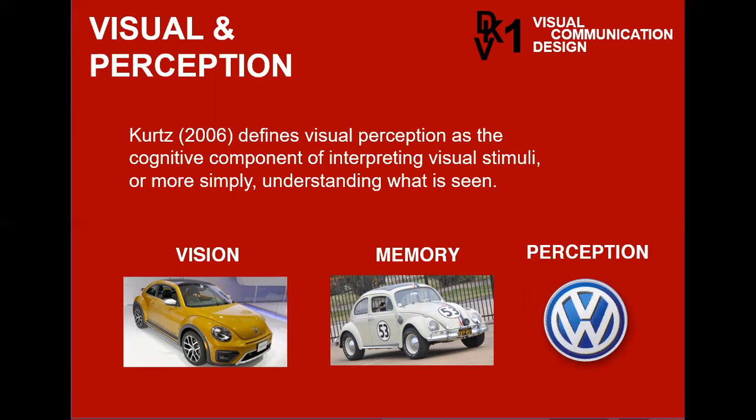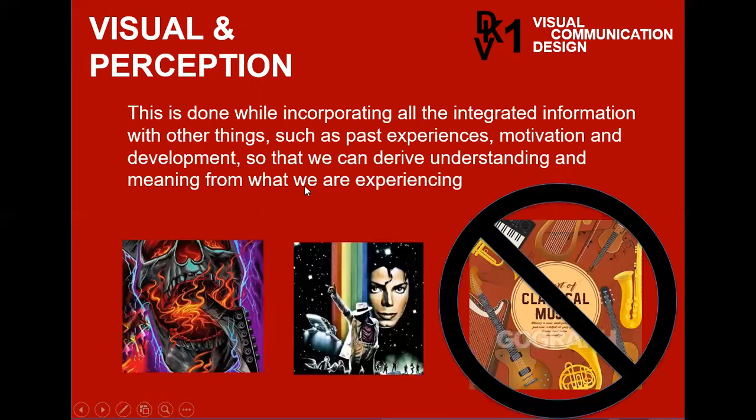We see this modern car; our memory is of the previous one from the old age, and the perception is Volkswagen, the brand. Okay, it's still the same. This is done while incorporating all the integrated information with other things such as past experience, motivation, and development, so that we can derive understanding and meaning from what we are experiencing.